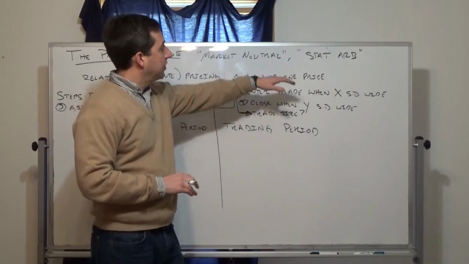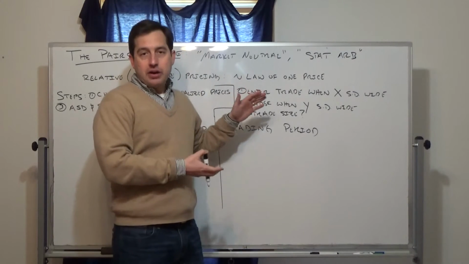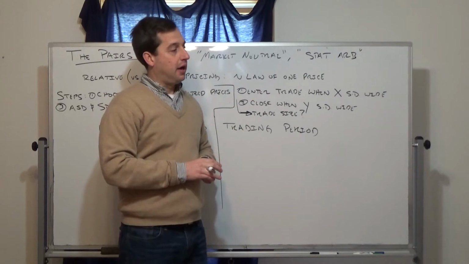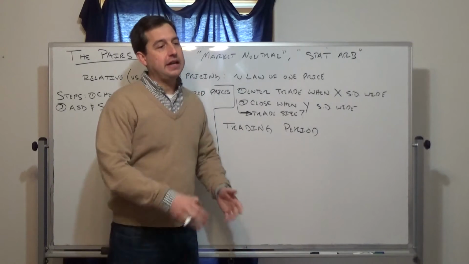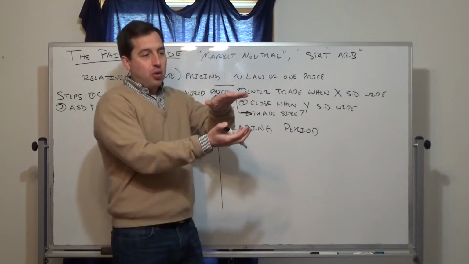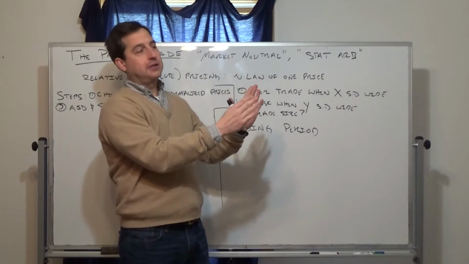This is also called a stat arb strategy, and this is a loose use of the word arbitrage. So the idea here is we are going to look at some historical relationship between two stocks.